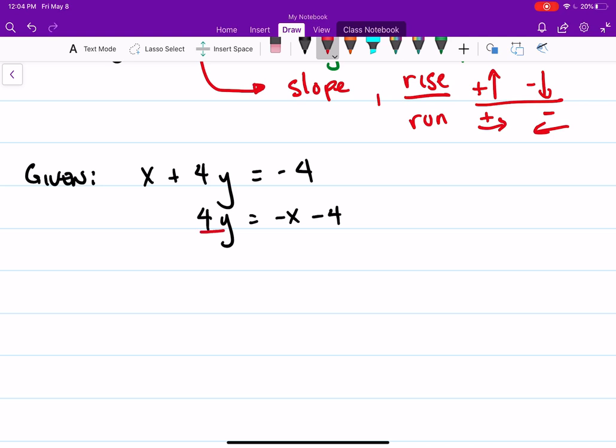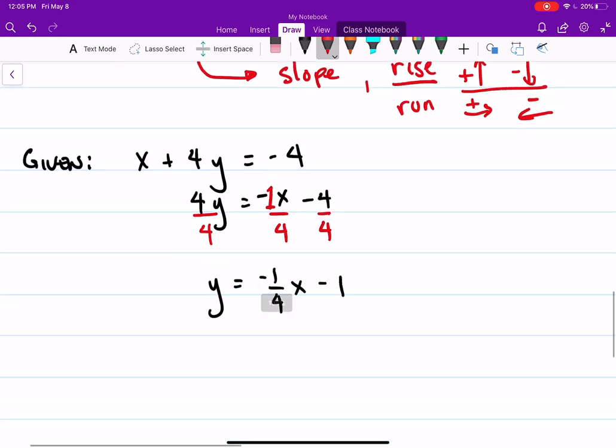Dividing the right side by 4 is the same as dividing each thing by 4. So then I got y is equal to negative 1/4 x minus 1. Remember that there is an imaginary 1 in front of that x. So that's why it's negative 1/4 x minus 1, because negative 4 divided by 4 is negative 1.